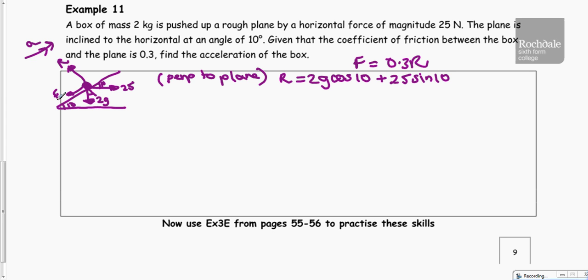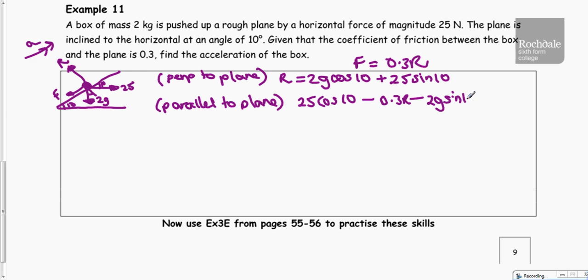Now, if we go along the plane, or parallel to the plane, we know that pulling it up will be a component of this 25, 25 cos 10. Resisting the motion will be friction, which is mu R. And also resisting motion will be a component of the weight, and that will be 2g sine 10.